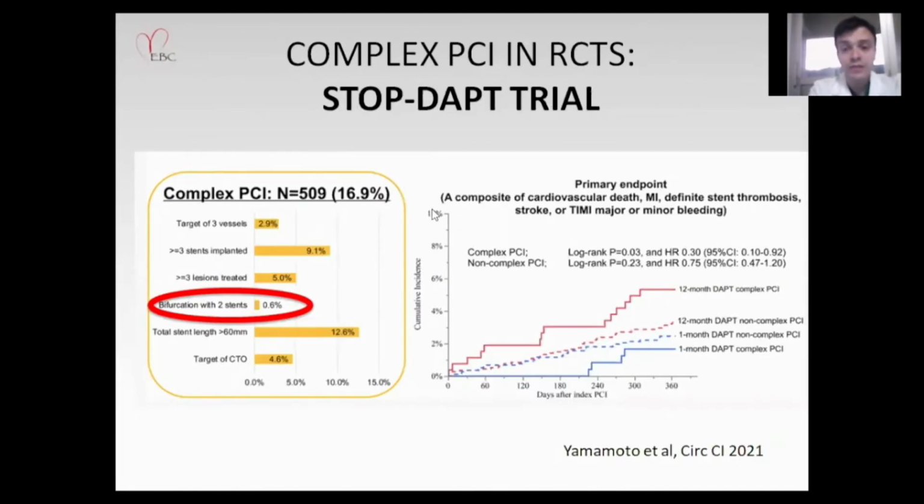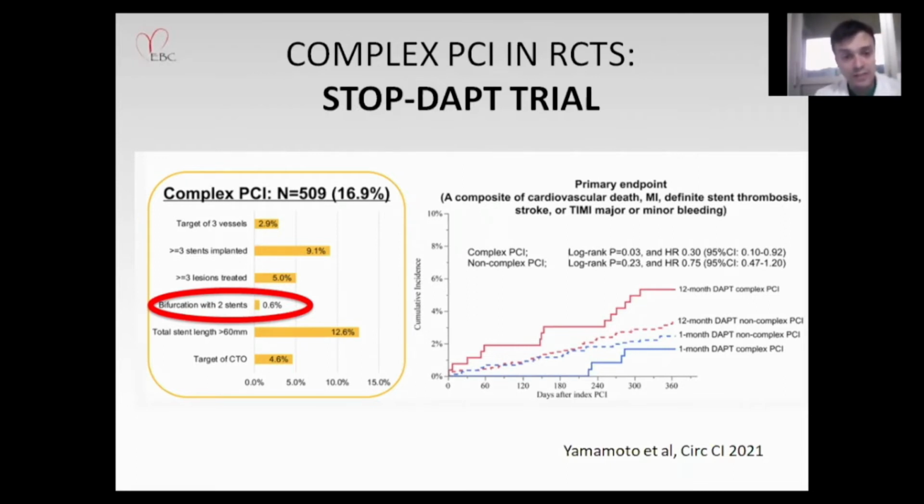One of the few trials reporting some data about complex PCI is this non-prespecified analysis of the STOPDAPT trial. The authors tried to put together all the complex PCI, about 17%, including 3-vessel PCI, more than 3 lesions treated, a long length of stents, and also bifurcation with 2-stent strategies, which were clearly underrepresented.